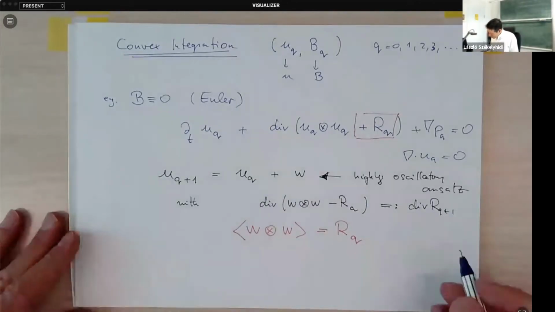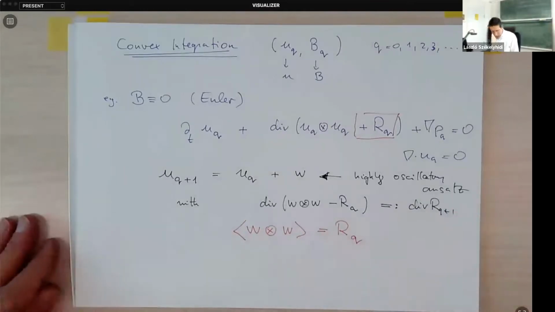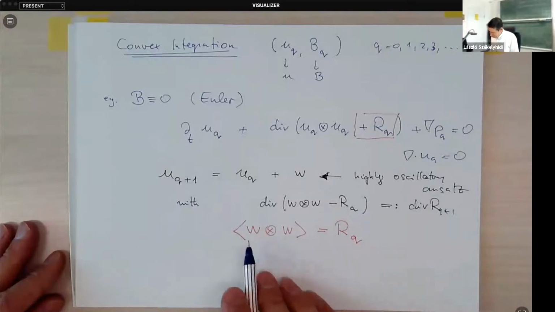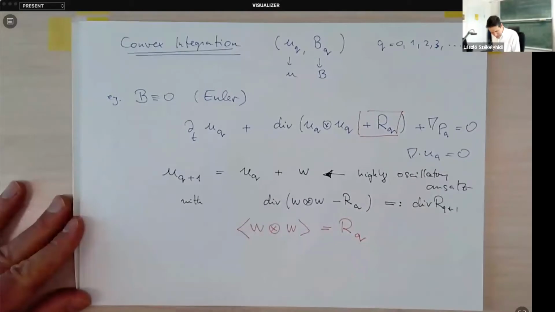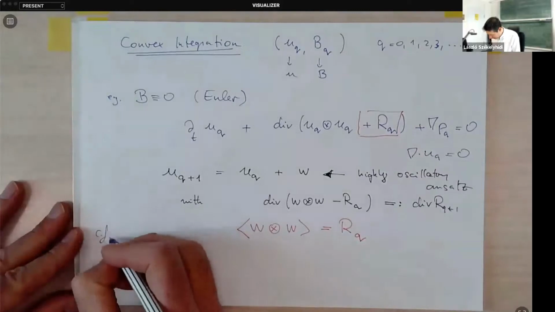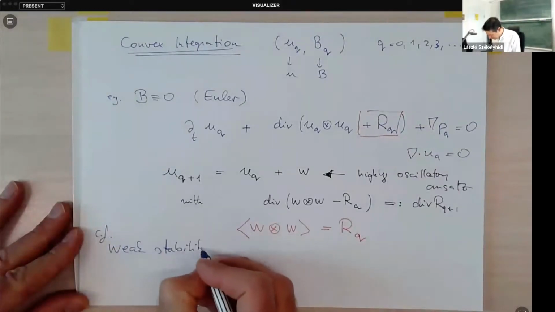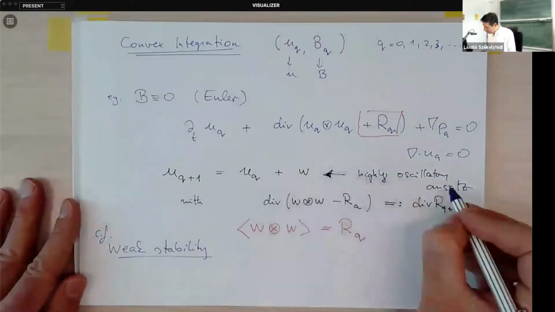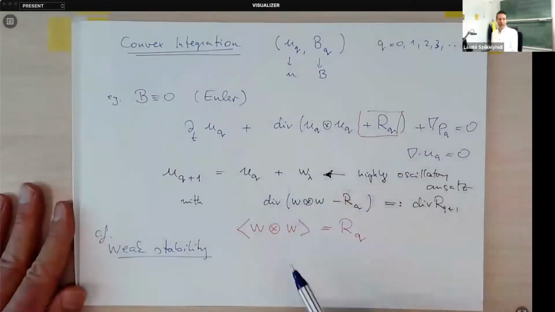Okay, and so there are various ansatzes, Mikado flows, Beltrami flows, and so on. But okay, so in principle for MHD, one has to do something like this. But before I tell you what happens with MHD, let me just say, so there's a connection to weak stability of the system, because imagine, so here, I mean, highly oscillatory, and so it means there is a sort of frequency lambda, which is fixed.